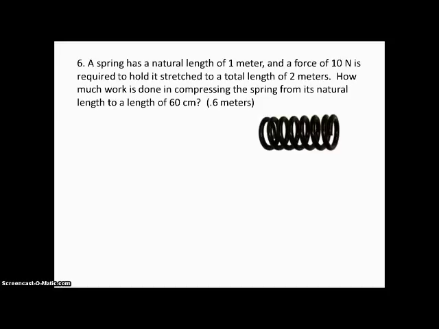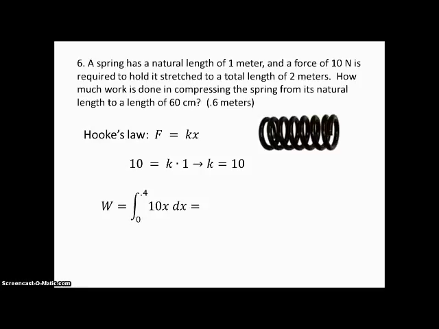All right, so here's a little spring. Hooke's law says force equals k times x. And so since it took 10 newtons of force to do a distance x of 1, then obviously k is 10. So now the work, notice that we're going from 0 to 0.4. Why is that? Well, if we push it from 100 centimeters to 60 centimeters, then we've compressed it.